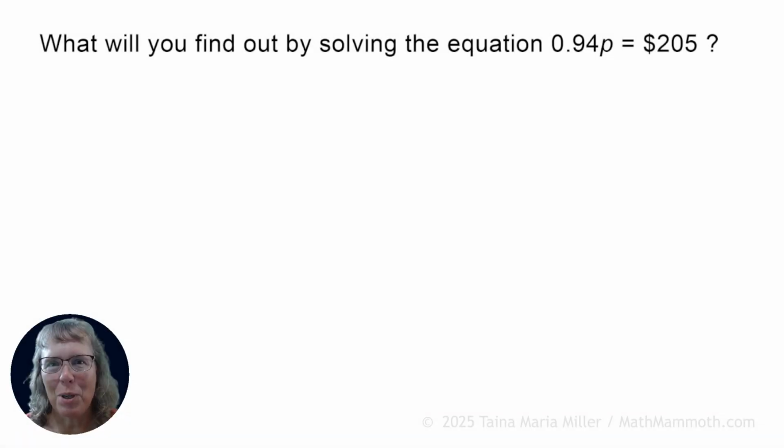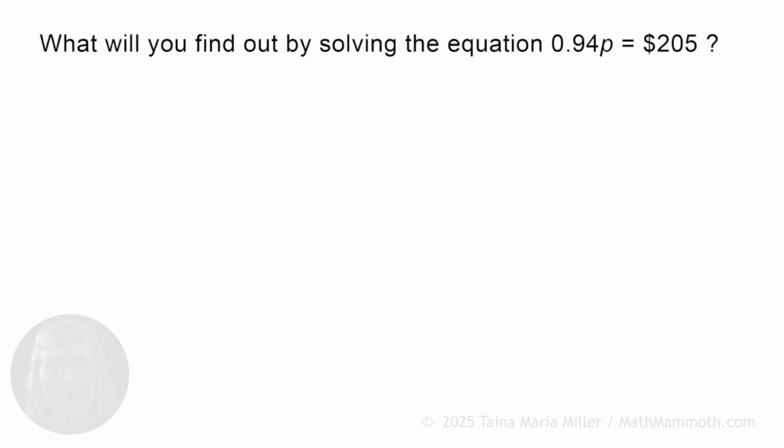Next, what will you find out by solving the equation 0.94p equals $205? Think about it. Let's say P is the price of something at some point. It's multiplied by 0.94, and then it becomes this new price.